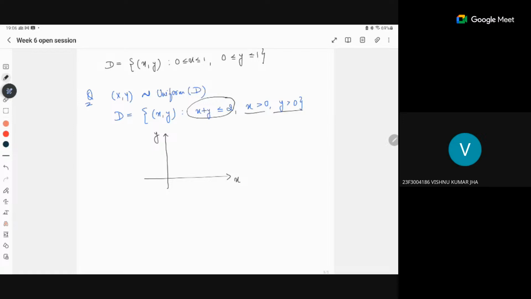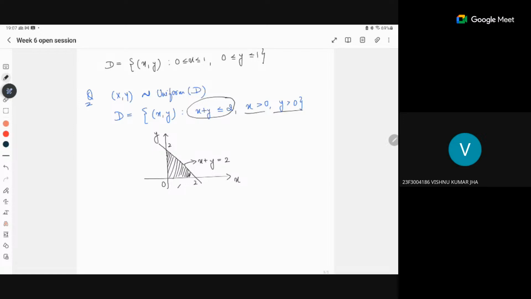So to draw this region, I need to draw x plus y equal to 2. So this is my line, x plus y equal to 2. What region would be x plus y less than or equal to 2? It would be this region, right? So it follows x greater than 0, y greater than 0, and also x plus y less than or equal to 2.